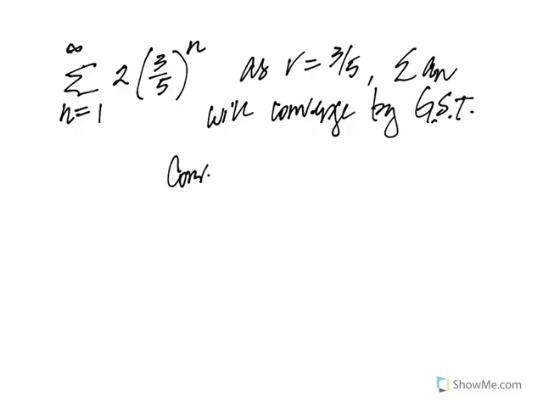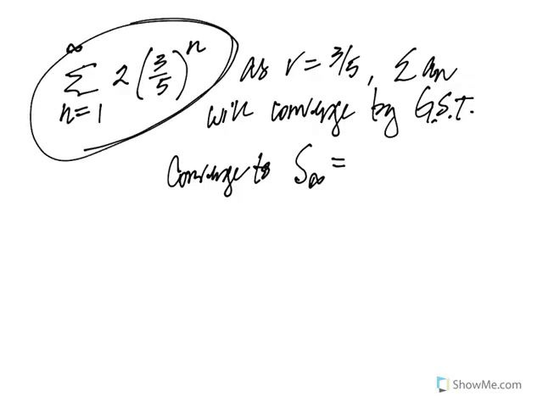And it will converge to your S sub infinity, again, a sub 1 over 1 minus r. You think about a sub 1 as being the first term in this sequence. But you have to look at the notation, right? So if I take 1 and plug it in there, what I get is 2 times 3/5 to the first, which is 6/5 as the first term, all over 1 minus my r, which is 3/5.